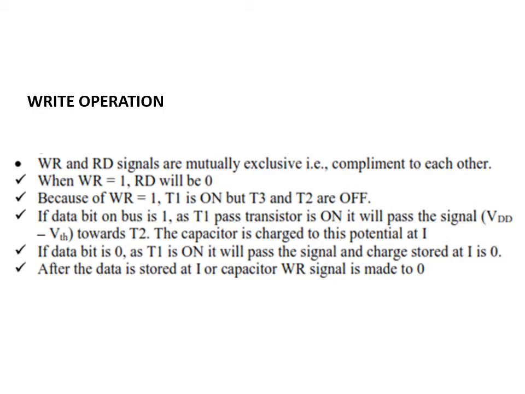If data bit on the bus is 1, T1 is on and it will pass the signal towards T2, and the capacitor is charged to its potential at I. Okay, in the previous diagram you can see that the gate capacitance of T2 is referred to as I. If data bit is 0, as T1 is on, it will pass the signal and the charge stored at point I is 0.